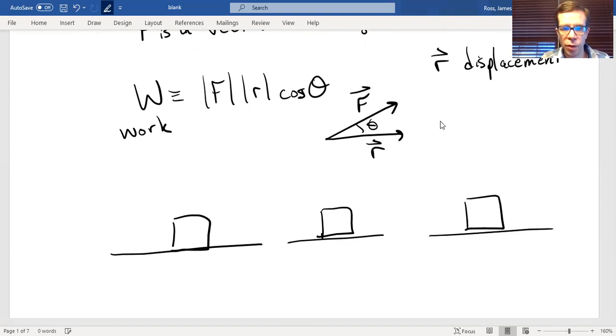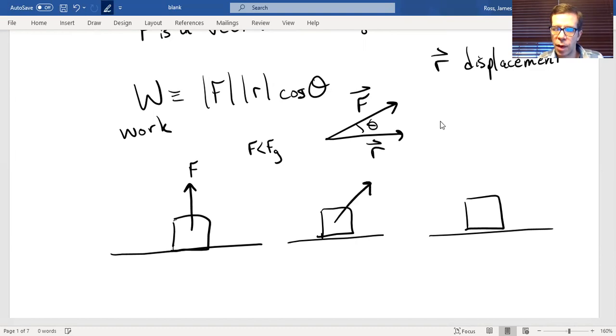And I guess I've already given you equations so we can guess, right? Imagine that I pull straight up on the block with a force that's less than its weight. Then it doesn't move, right? If it starts at rest.